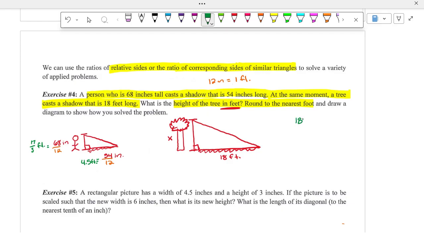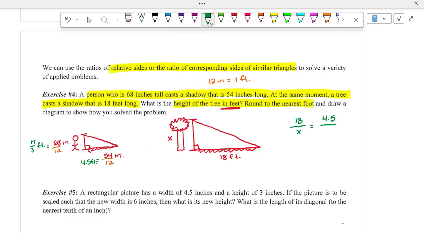So I have 18 and 4.5, which means what would go on the bottom of those? The only other measurement we got, which is the objects, right? So what would go underneath the 18?